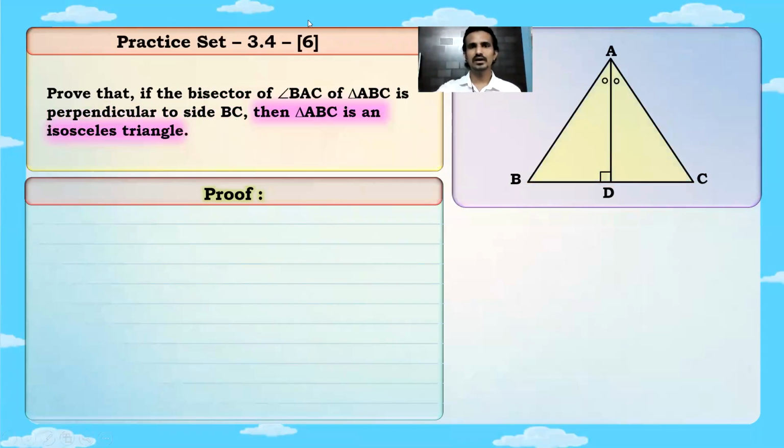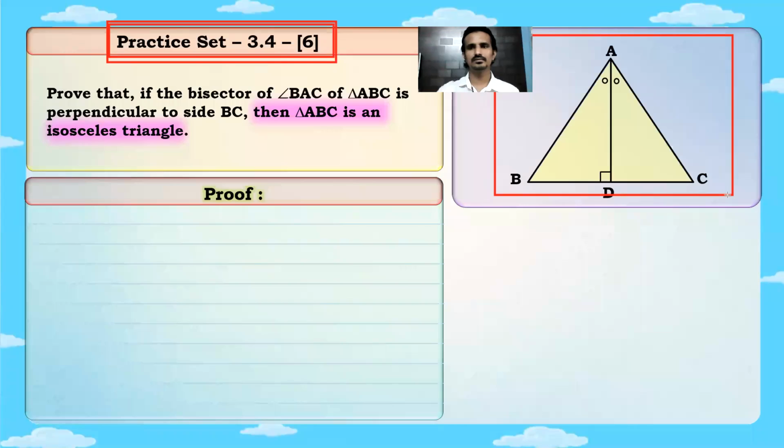So first, everyone write this question number and draw the figure. Be quick, everyone. Draw this figure quickly, so we have to write down the proof also.